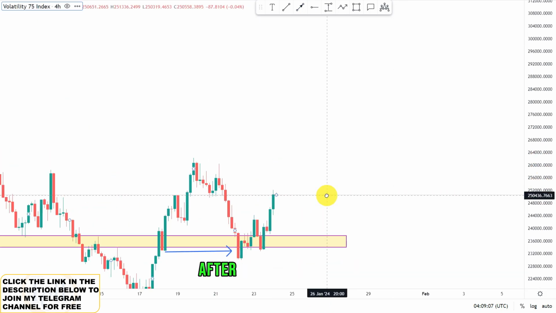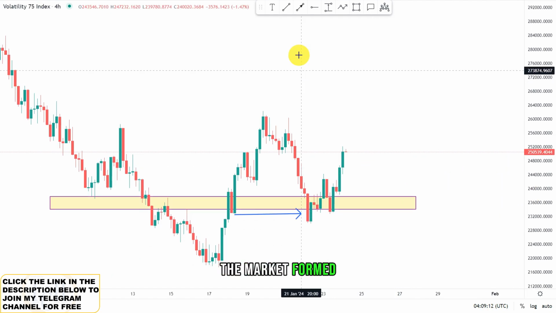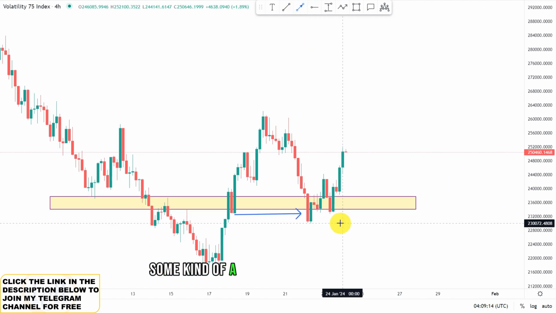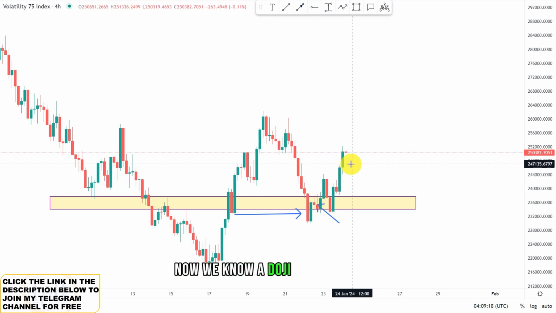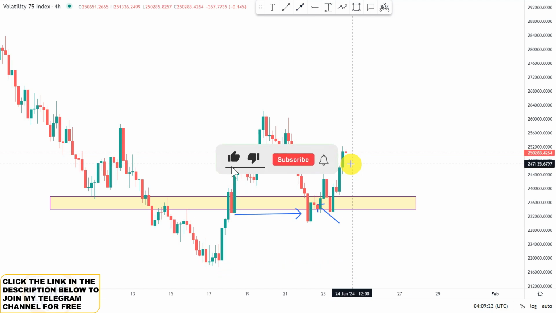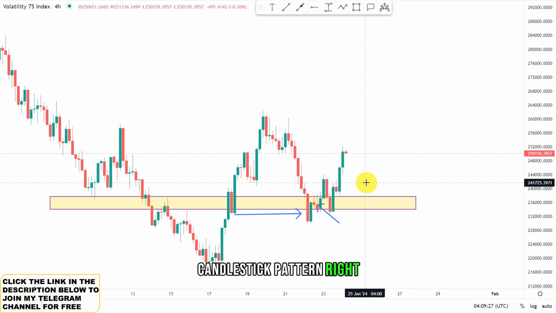But again, after around 8 hours, the market formed some kind of a doji candlestick right here. Now we know a doji candlestick is a reversal candlestick pattern, right?